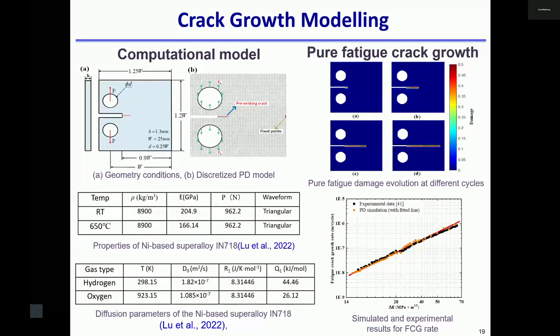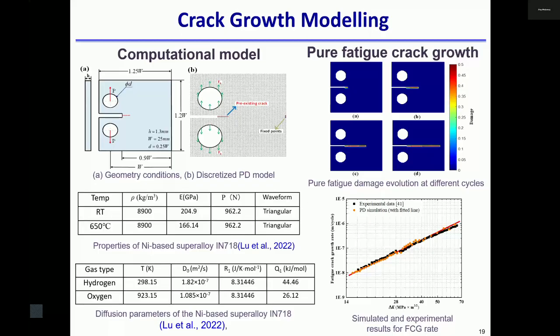After this model development, we also searched the literature and did some tests of our own. We got the model parameters, then we simulated fatigue growth for the CT specimen. This is the simulated crack path, and the figure here is the fatigue crack growth rate for pure fatigue, without hydrogen embrittlement and without oxidation.